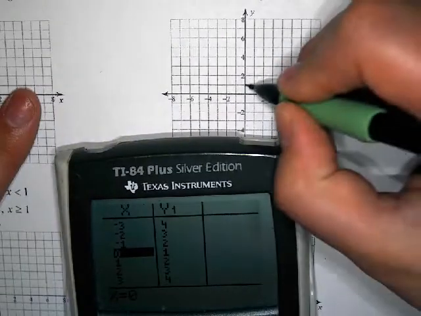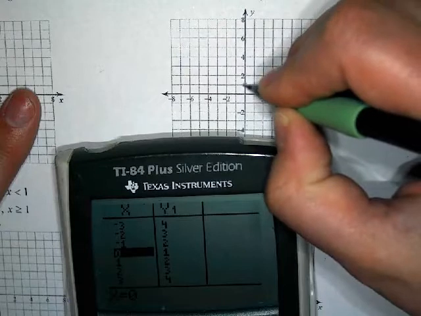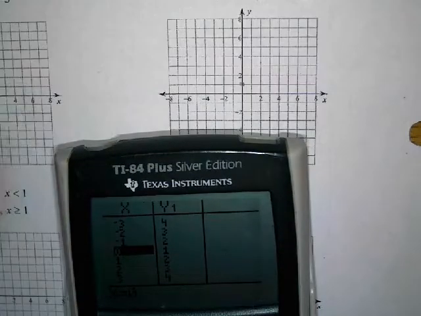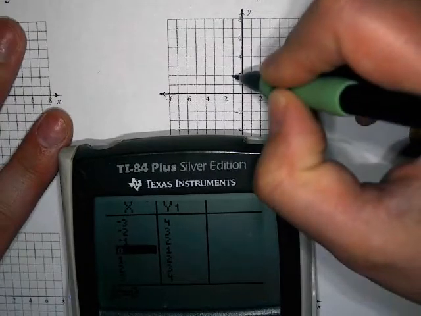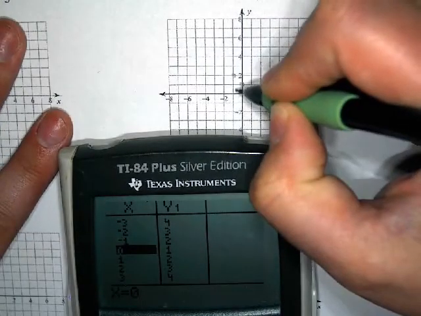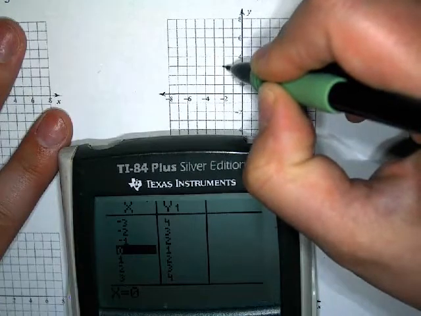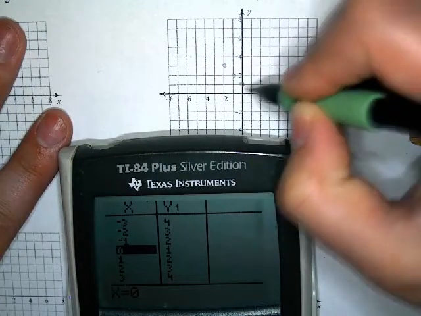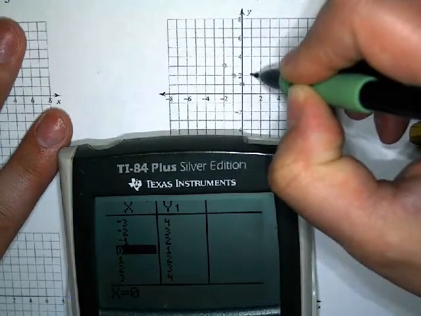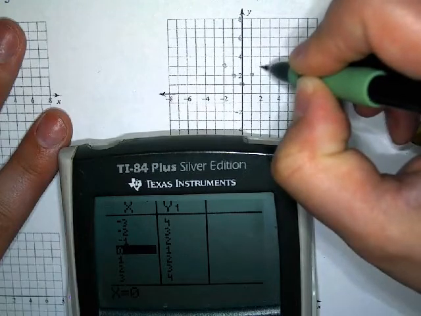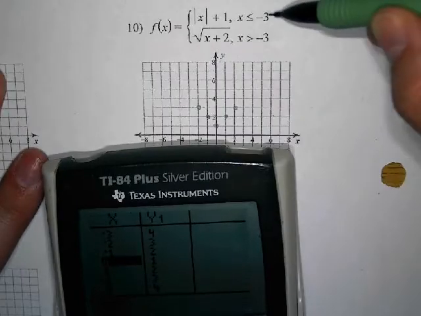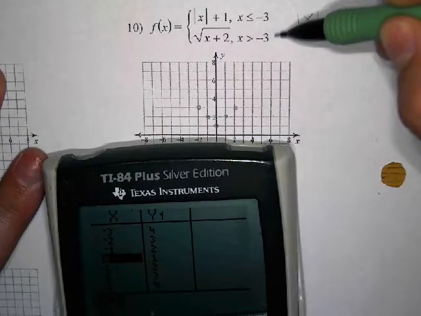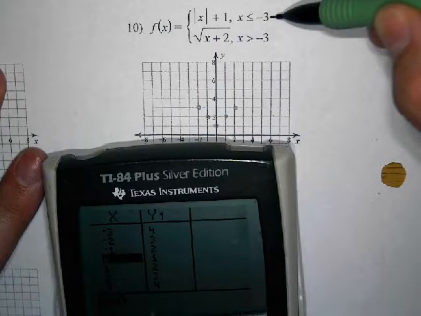And then I'm going to graph points. I'm not graphing these darkly because I know I'm going to have to erase a bunch of them. So -1, 2, -2, 3. I've got 1, 2, 2, 3. And then because the piecewise function aspect of it says -3, I'm going to make sure that I get points around -3, okay?